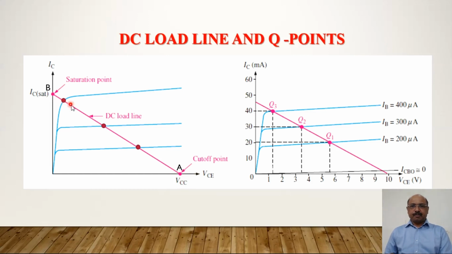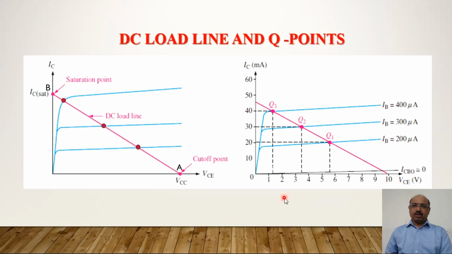If we draw the load line, then this line intersects the different output characteristics curves at different points. The intersections of the load line with the output curves for different values of base current are denoted as Q1, Q2 and Q3. See, this is the Q point of a CE amplifier circuit in the absence of input signal.